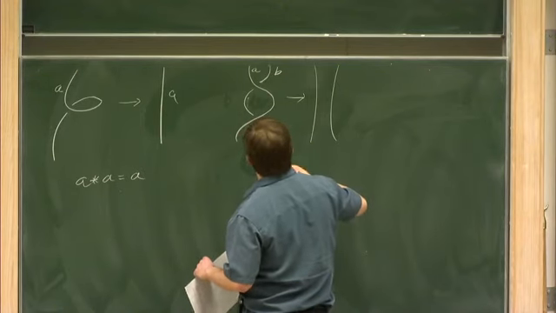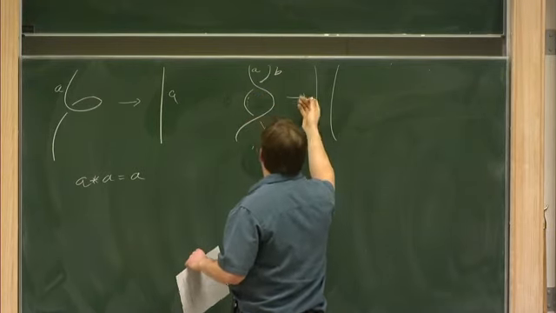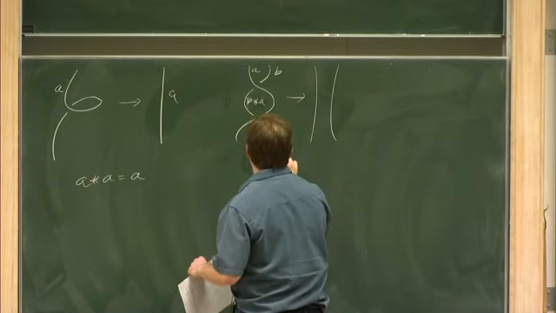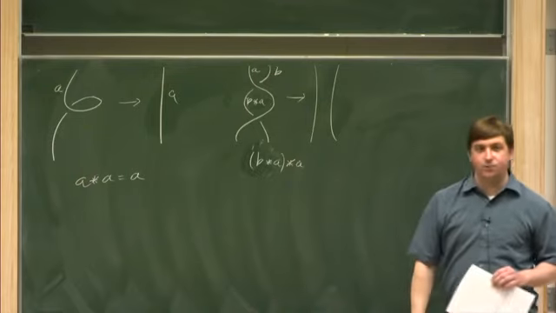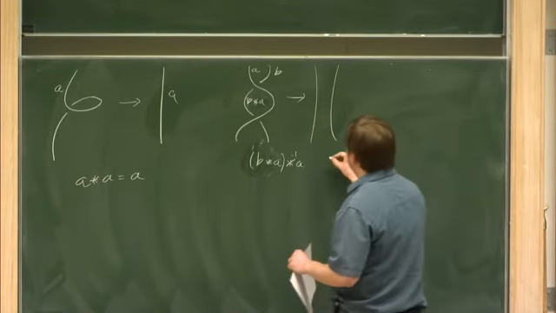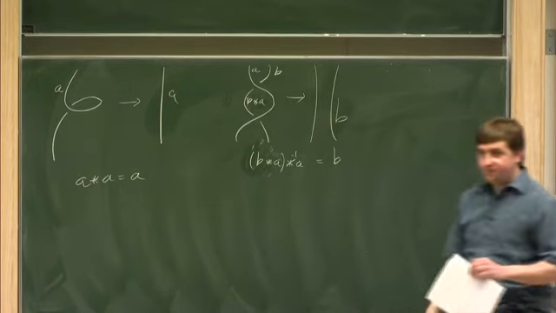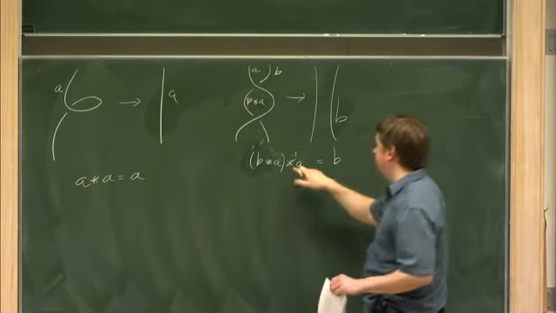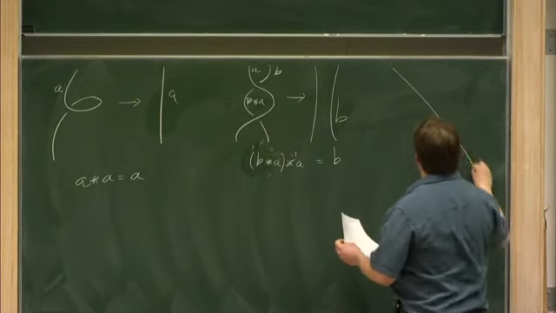B star A, and then B star A, and this is where I discover that my cheat sheet does right distributive algebras rather than left distributive algebras. So equals B. So this Reidemeister move corresponds to that second rack axiom.